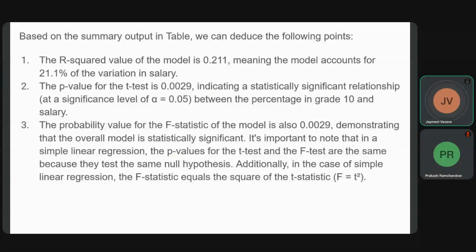So based on the table, you can see that the R squared value is 0.211, which means that the model accounts for 21.1% of the variation in salary. Then the p-value of the t-test is 0.0029, indicating a statistically significant relationship at a significance level of 0.05 between the percentage of grade 10 and the salary.